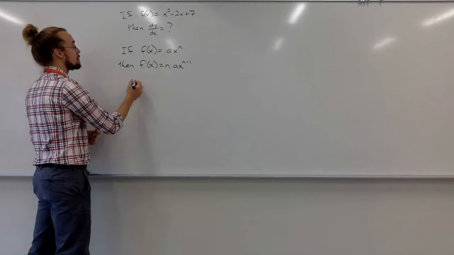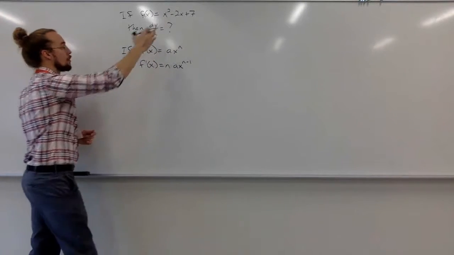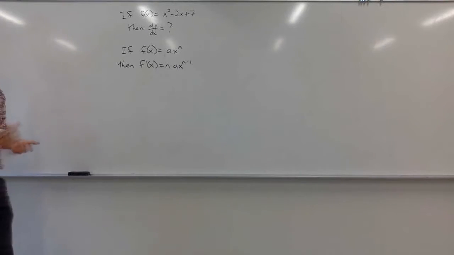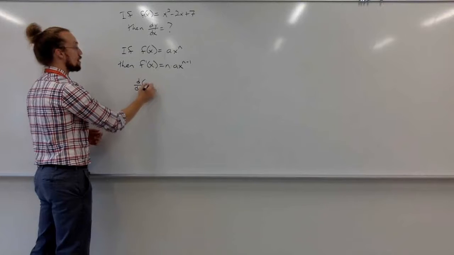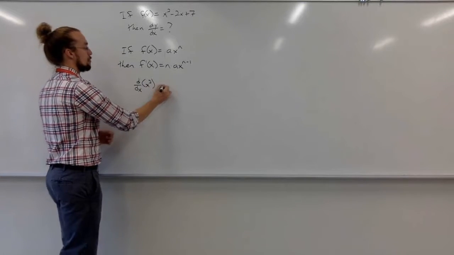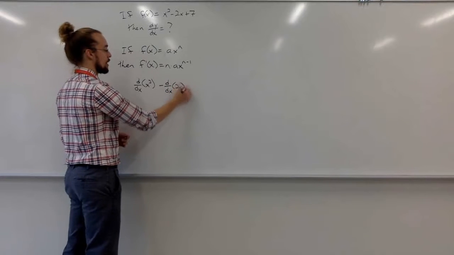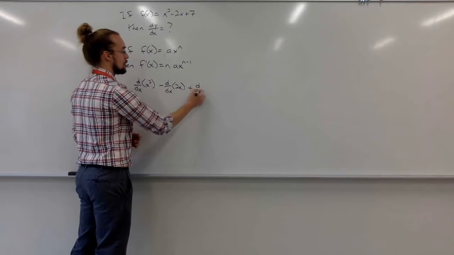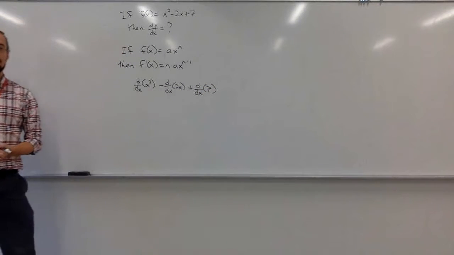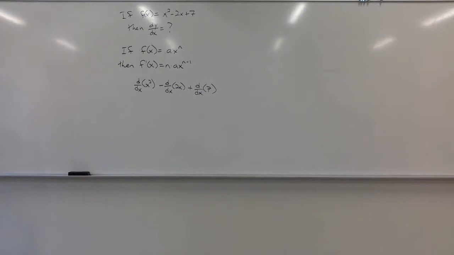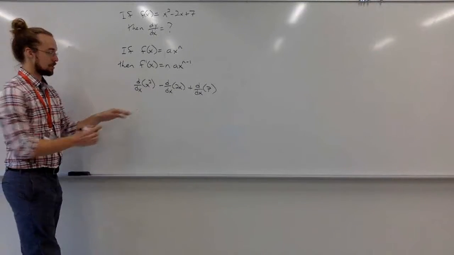So instead of thinking about taking the derivative of this whole thing, I can say the derivative of x squared minus the derivative of 2x plus the derivative of 7. So what would the derivative of x squared be?